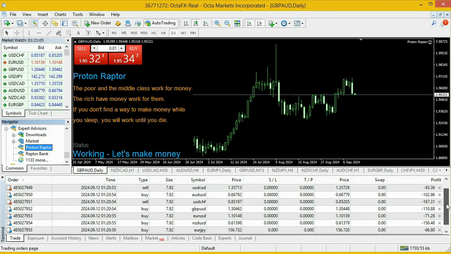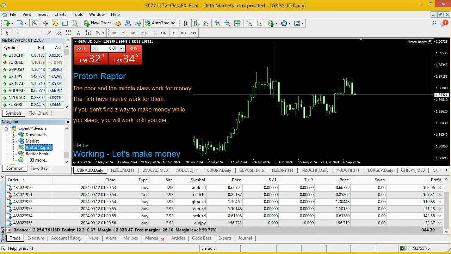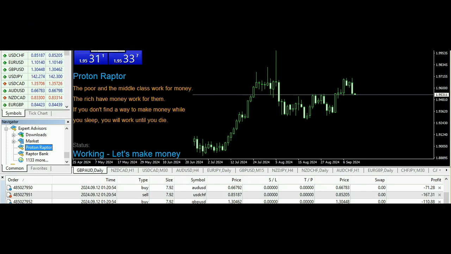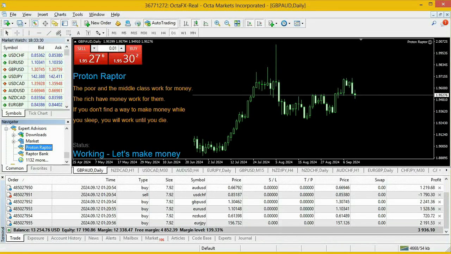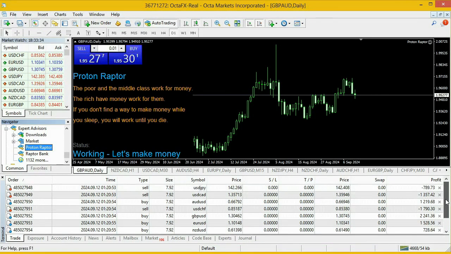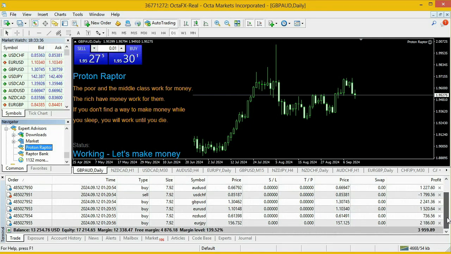These are all the trades. Moving forward. This is where we are, almost 18 hours later.